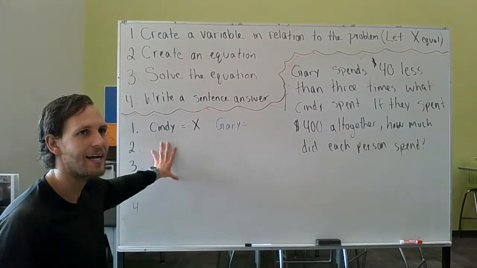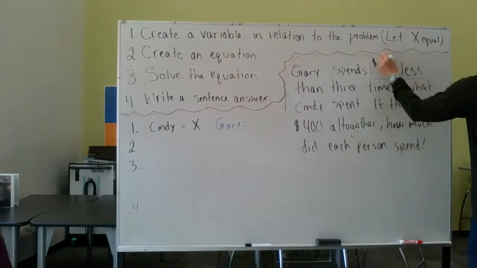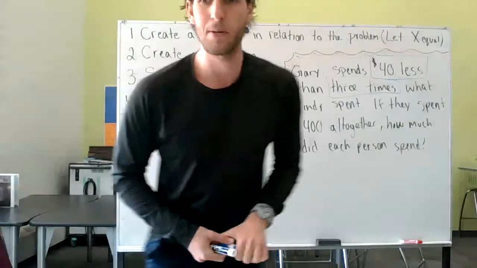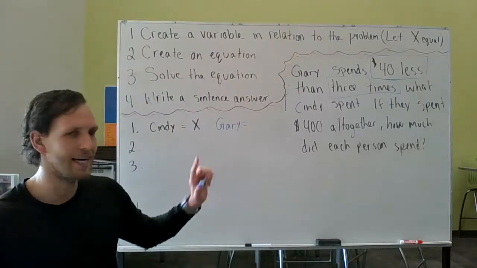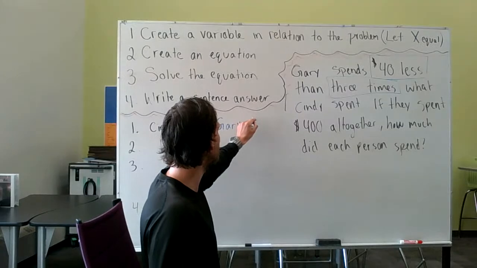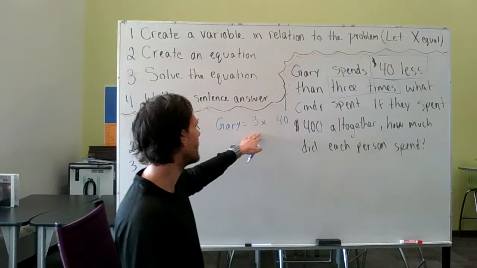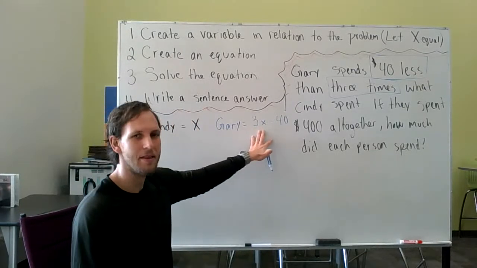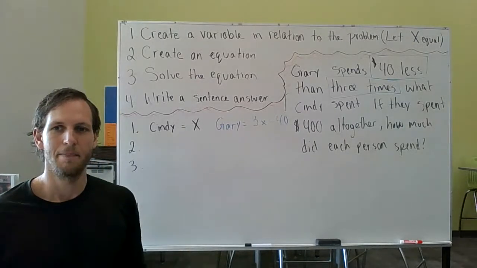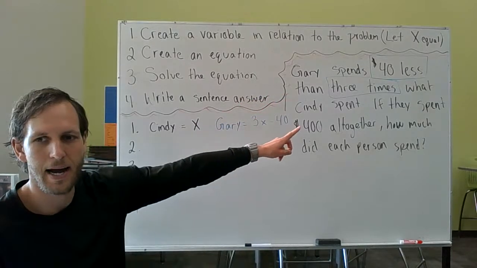So if Cindy is x, Gary is $40 less than 3 times. So how would we represent $40 less than 3 times? We would represent that as 3x minus 40. So we need to take Cindy, multiply that by 3 and then subtract 40. This one's a little bit of a tweak, but it's important to be able to extract that information. $40 less than 3 times.